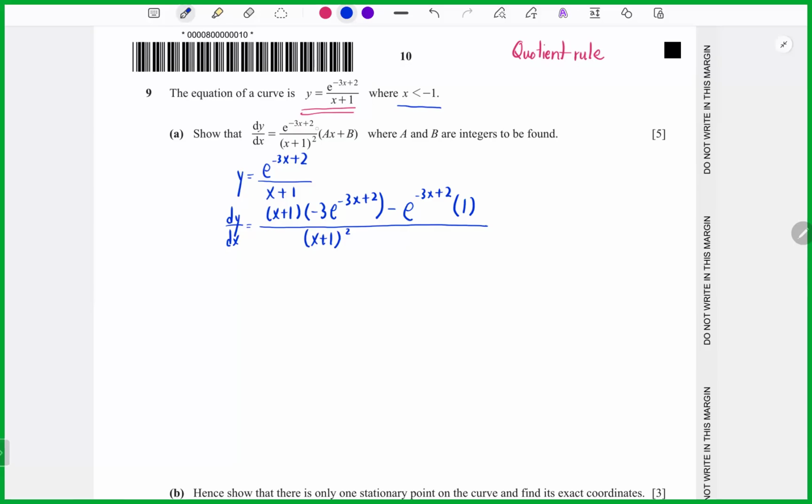Looking back at the question, we can factorize out e^(-3x + 2) first. So you will leave the negative x minus 1, over (x + 1) squared.